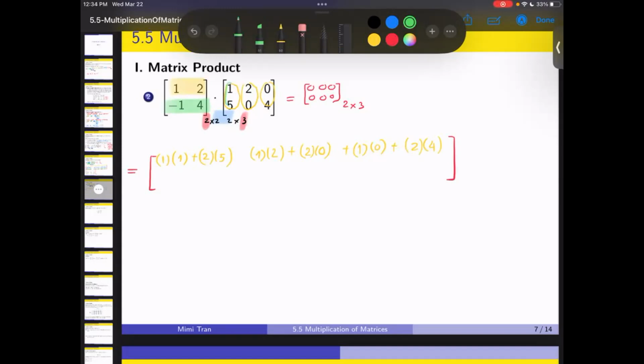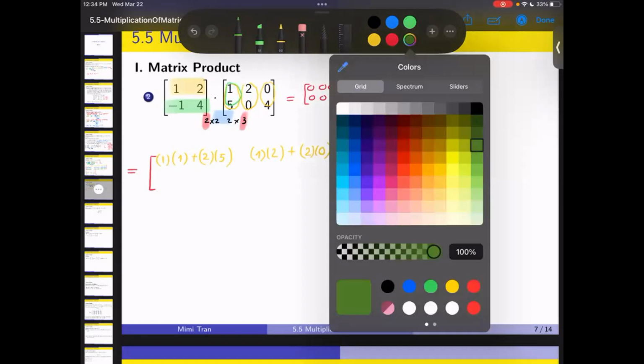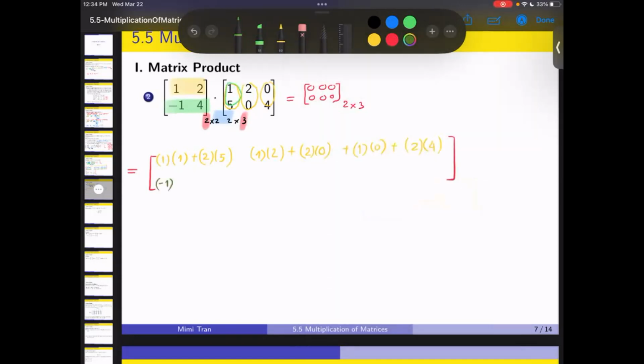Second row, first column. Negative 1 times 1 plus 4 times 5. Negative 1 times 2 plus 4 times 0. Negative 1 times 0 plus 4 times 4.